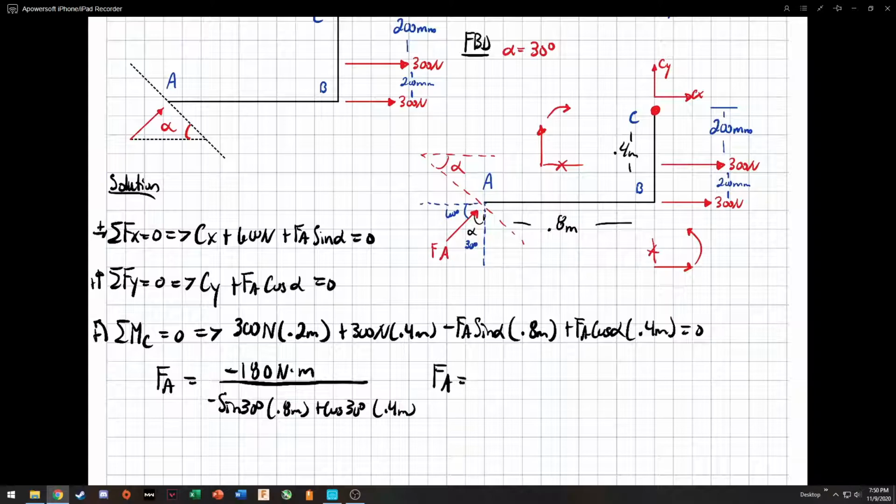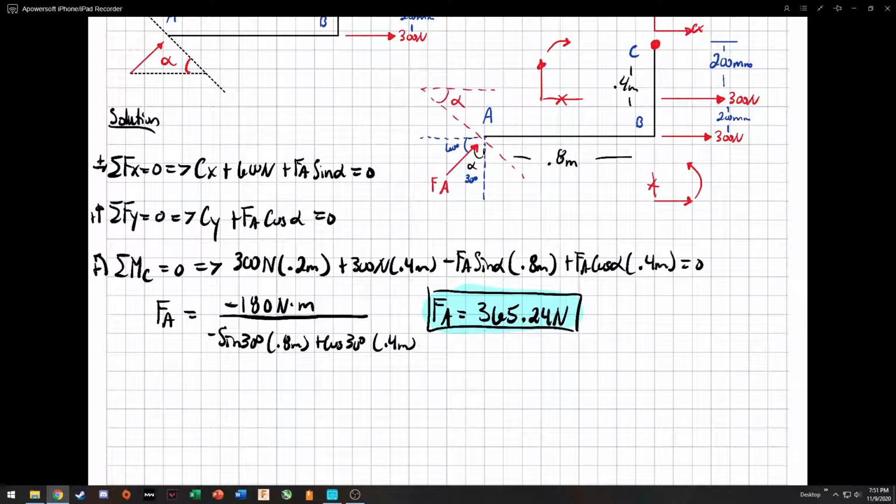We get an F_A to be, let me scroll down to where I actually have my answer, because I have this all written out already ahead of time. We get 365.24 newtons at force A. Now we have A, we can solve for Cx and Cy. Solving for Cx, all you do is just take out your common factors, move them all to the right side, get Cx by itself.